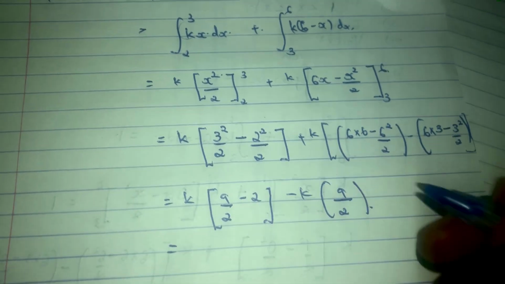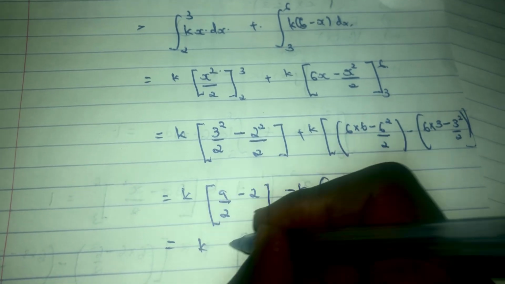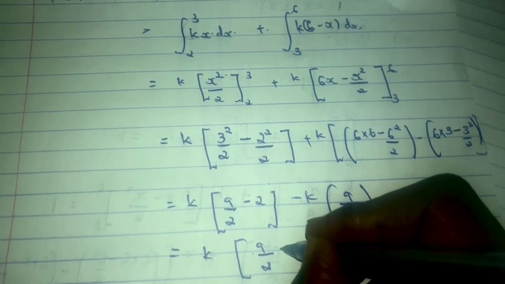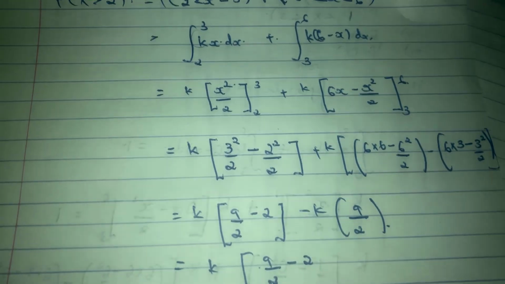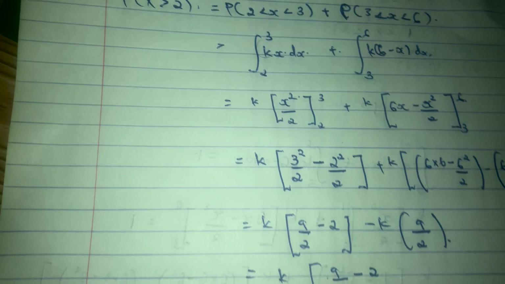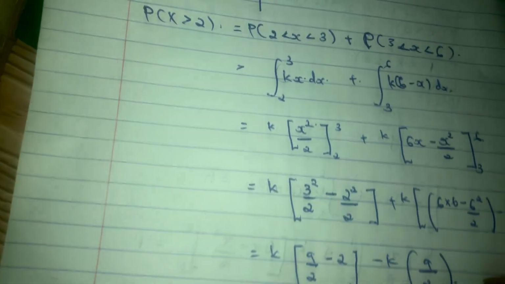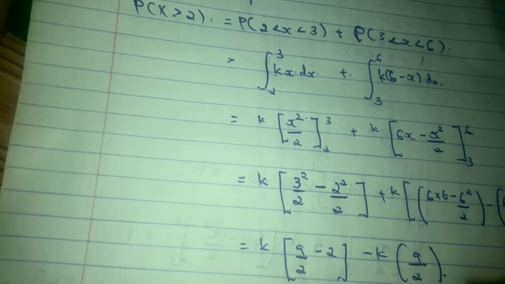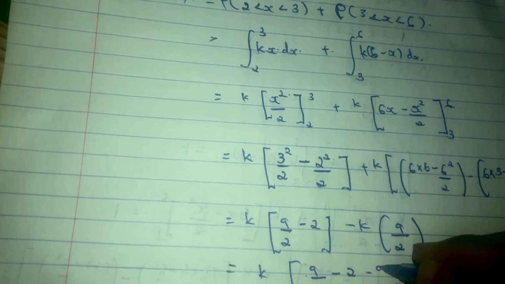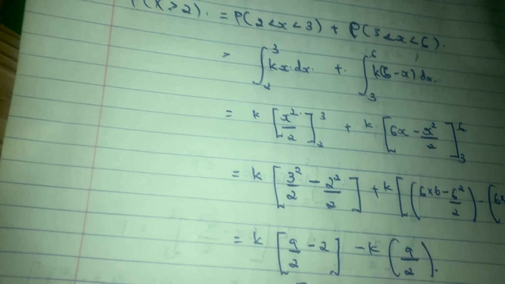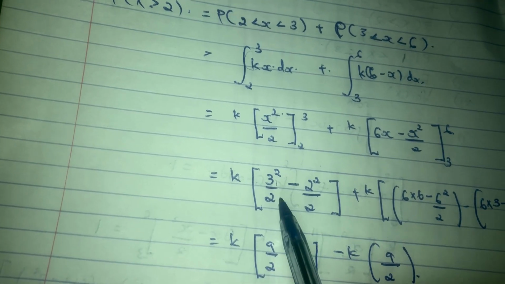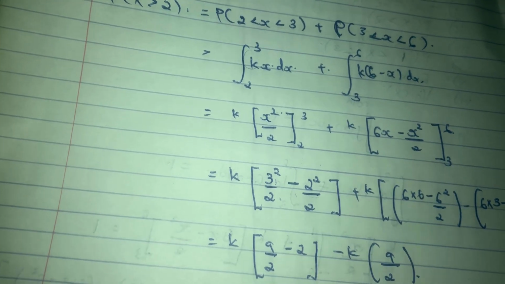So I remain with, when you pull out k, you can actually see, remain with 9 over 2 minus 2 together, minus 2 here, also having this times this, giving us minus 9 over 2. Are we together? This is 3 squared minus 2 over 2 squared.